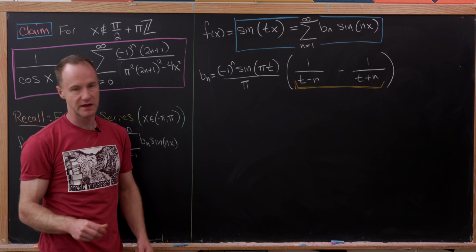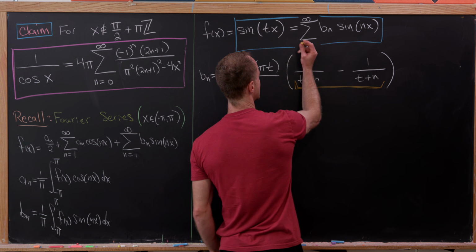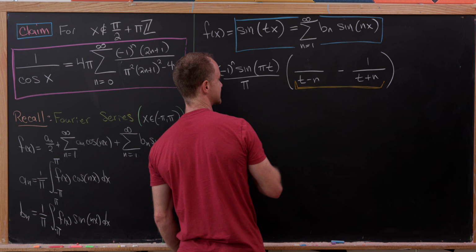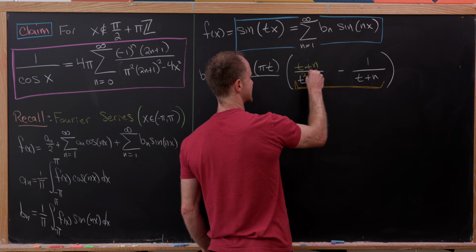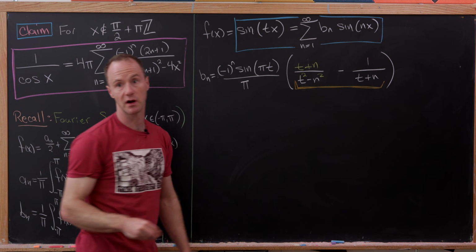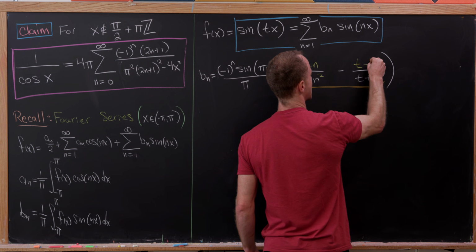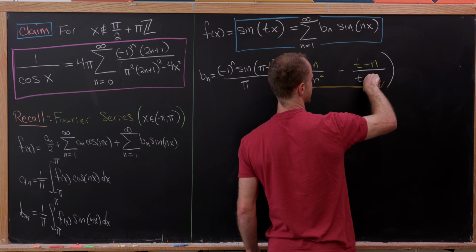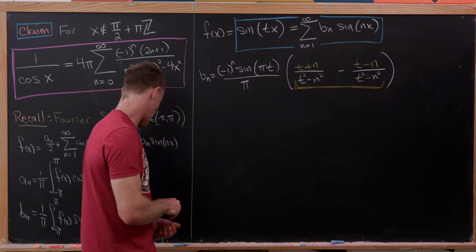And we'll do that by giving them a common denominator, which will clearly be t squared minus n squared. So to get this first one, we'll multiply by t plus n. That'll give us t squared minus n squared there. And to get this second one, we'll multiply by t minus n. And that'll give us, again, t squared minus n squared there.